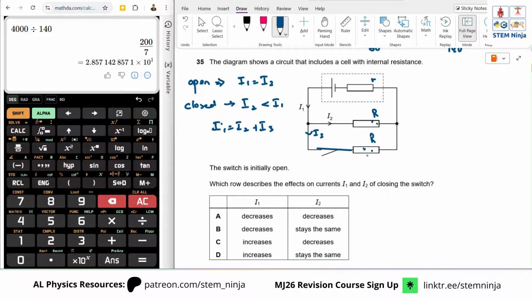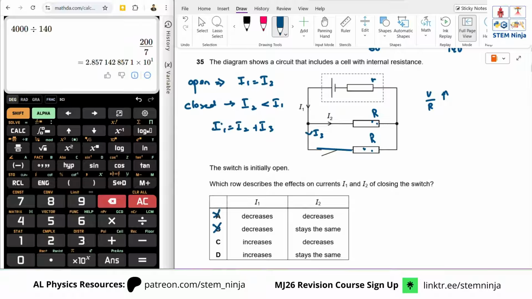They are connected in parallel, so the total resistance would decrease. So that means the net resistance would decrease. So if the net resistance decreases, current would increase. So I1 would increase because V over R basically is increasing.